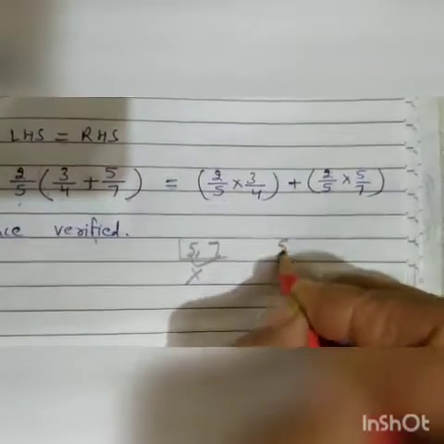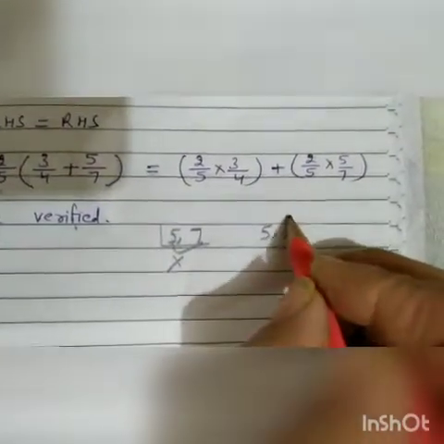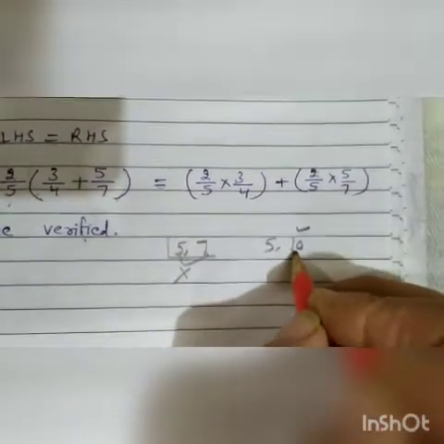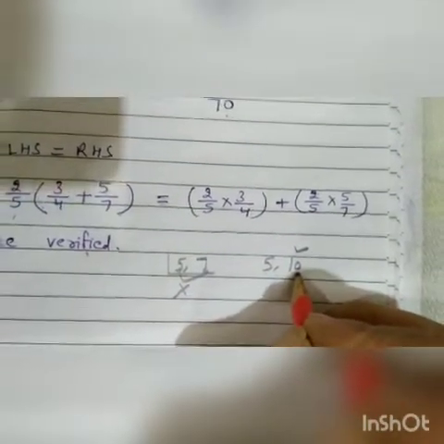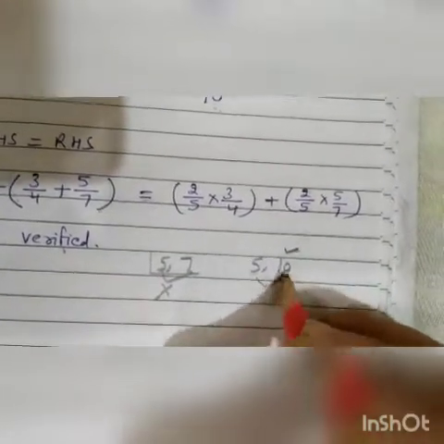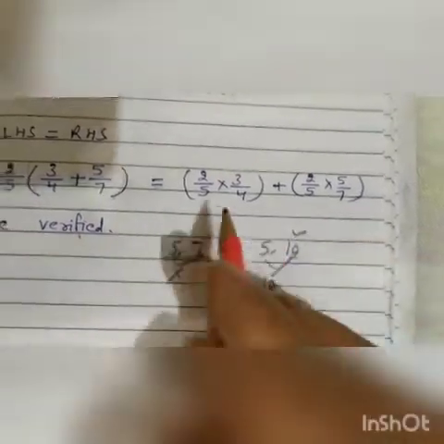If we are finding the LCM of 5 and 10, here see 10 is a multiple of 5. Multiple means 10 comes in the table of 5: 5 ones are 5, 5 twos are 10. So the LCM of these two numbers will be the larger one, that is 10. Clear?